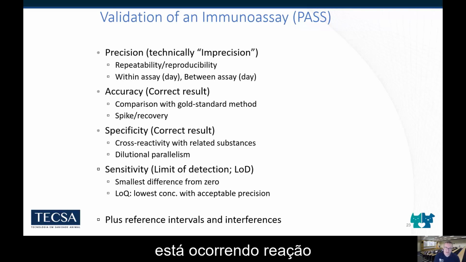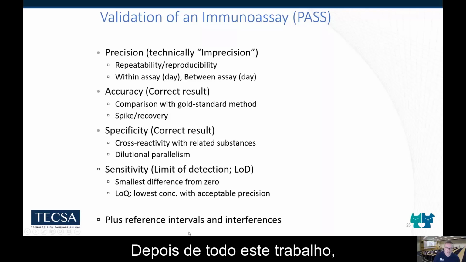Specificity, are we getting some cross-reaction with similar related substances? And how low a concentration of the hormone of interest is this assay technically capable of measuring, a limit of detection or limit of quantification?